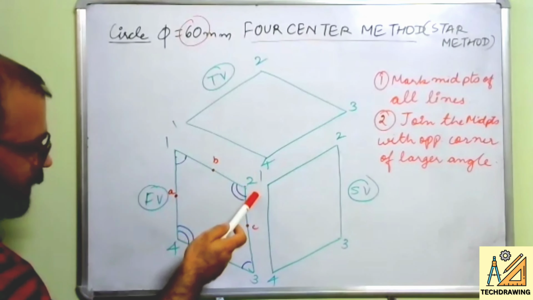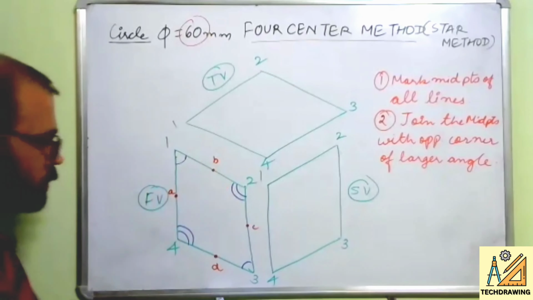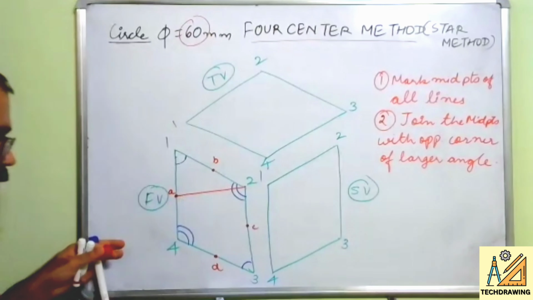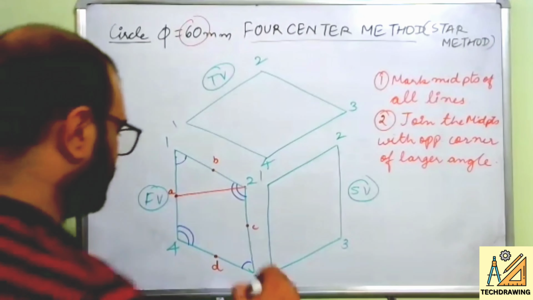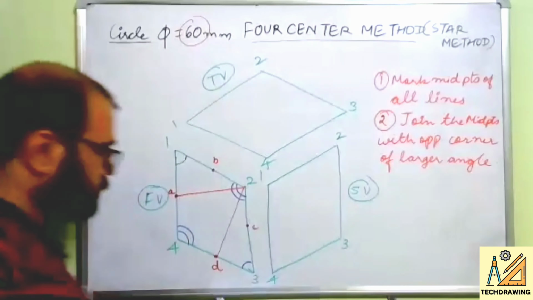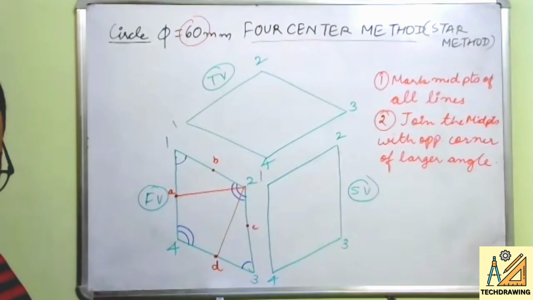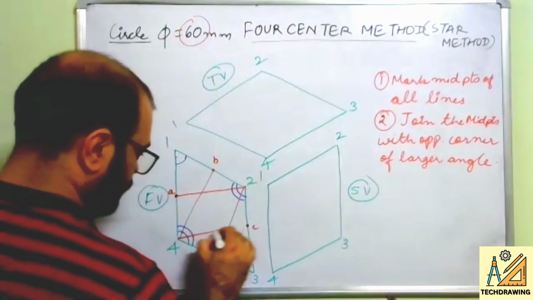We have to join it with the larger angle, so it is 2. So join it with 2 like this. Similarly, D also will be joined with 2. Then B will be joined with 4, and C again will be joined with 4.